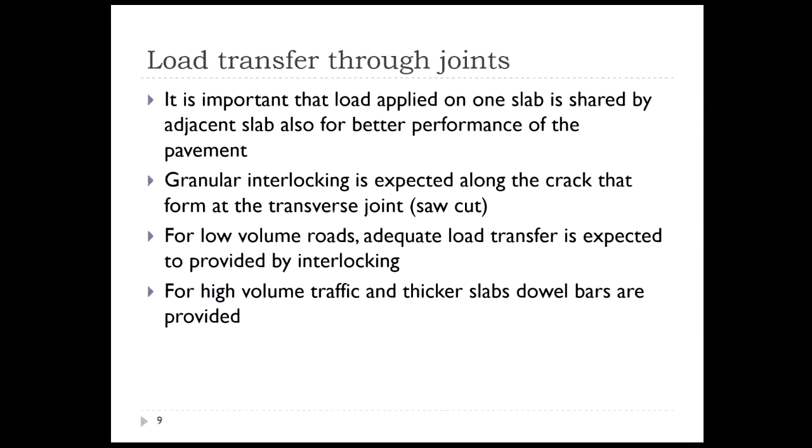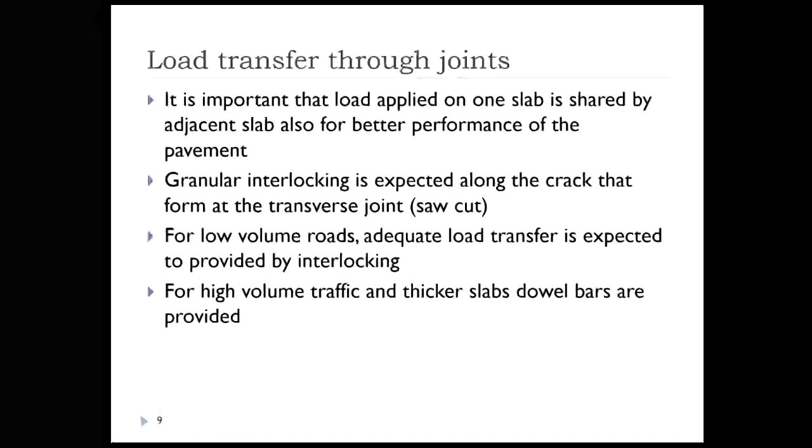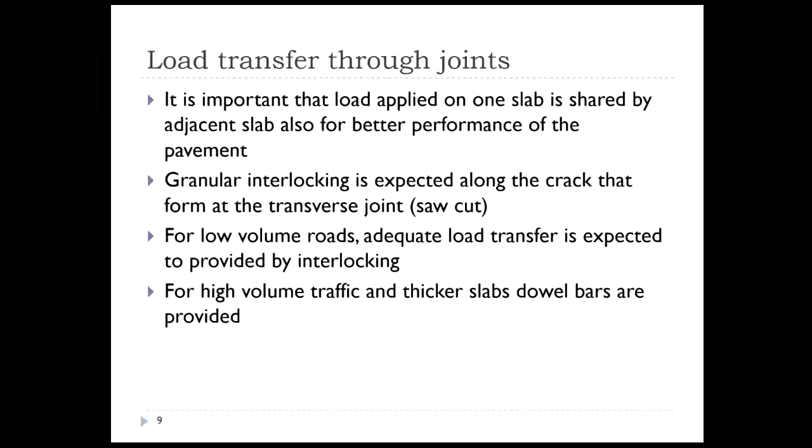Now, granular interlocking is expected to occur along the crack. That means this granular interlocking will be mobilized over a period. Now, for low volume roads, adequate load transfer is basically expected by interlocking, and for high volume roads, this load transfer we are expecting by means of dowel bars as well as through aggregate interlocking.